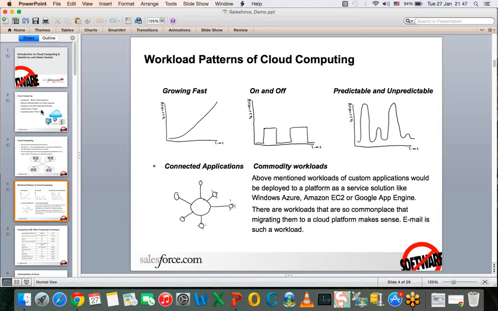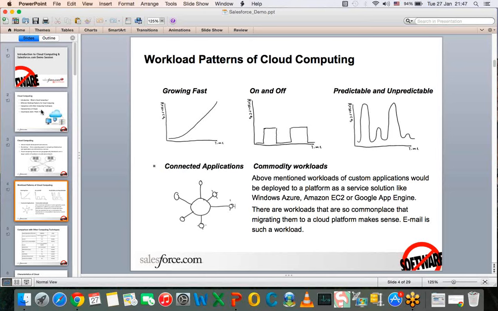Okay, that is predictable. When it goes to unpredictable, say you have a news site, wherein there is breaking news. You never know when the breaking news is going to come, right?